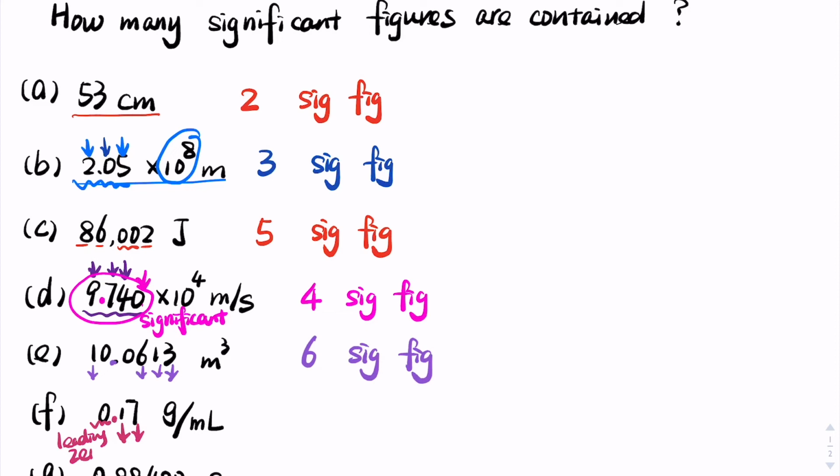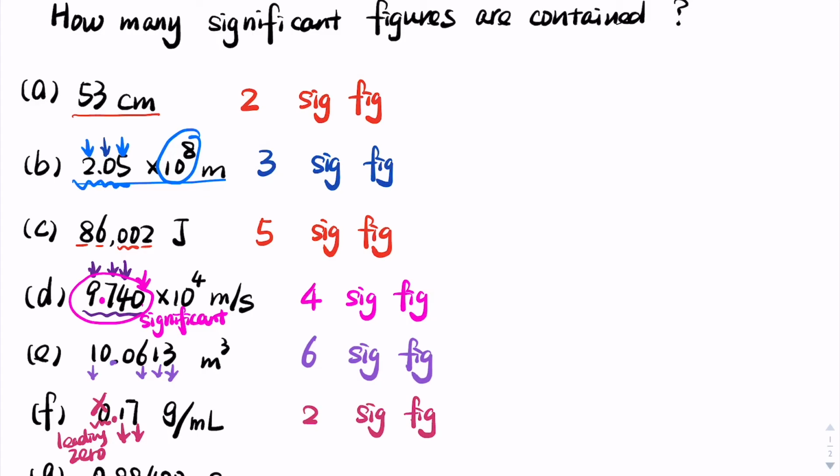This leading zero will not be significant. It's just there to hold a place. So the real numbers start with the non-zero numbers after the decimal point. Therefore this 1 and 7 are significant, this 0 is not. So in this measurement you have 2 sig figs.